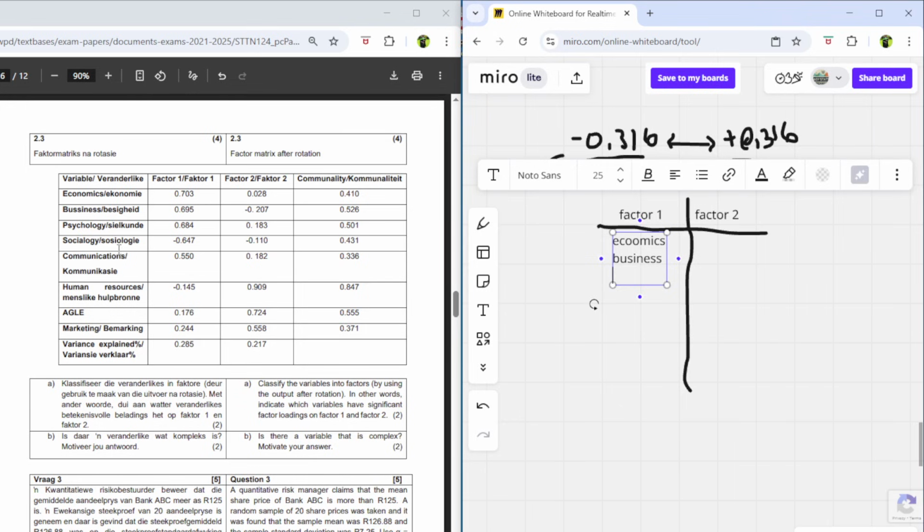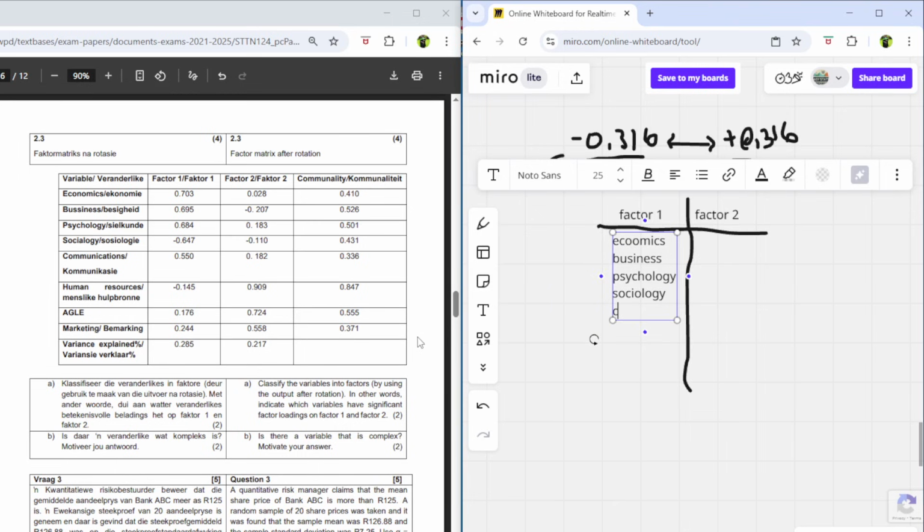Let's look at psychology. Sociology. Oh no, psychology. Yes, psychology is significant here and not significant here. Sociology is significant, not significant. So we can put psychology and sociology under factor 1 as well. Communications is significant, not significant.